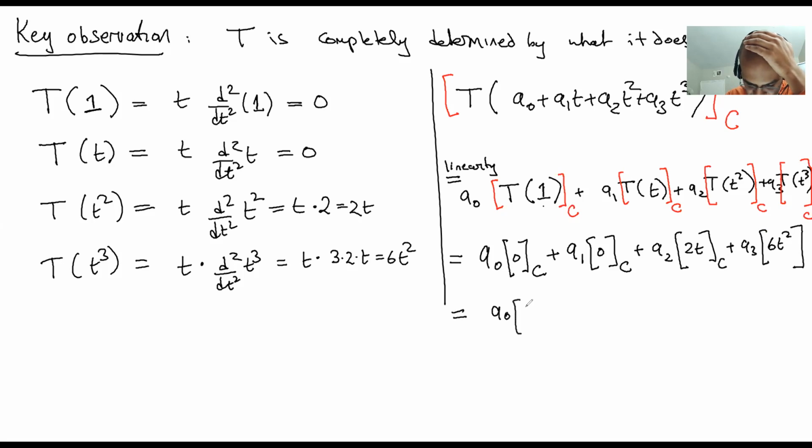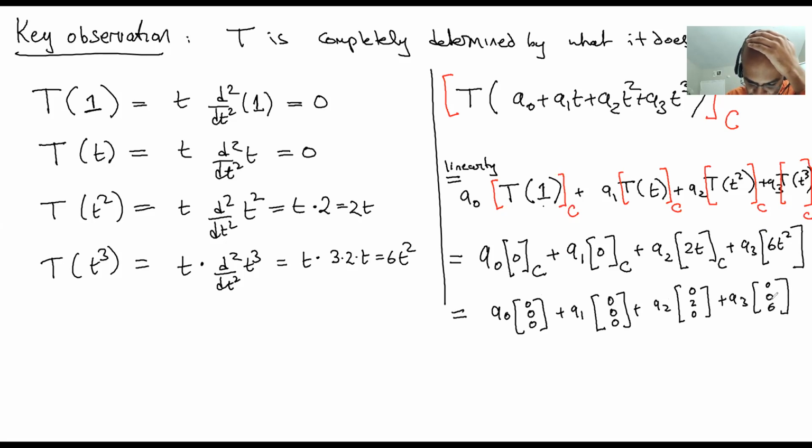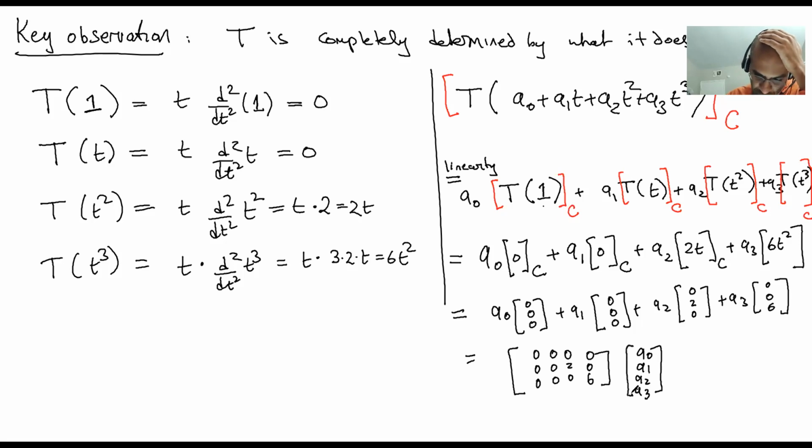This is a0 times (0, 0, 0) plus a1 times (0, 0, 0) plus a2 times (0, 2, 0) plus a3 times (0, 0, 6). And now, as you're saying, I can put this in a matrix. And now what's left here is a0, a1, a2, a3.